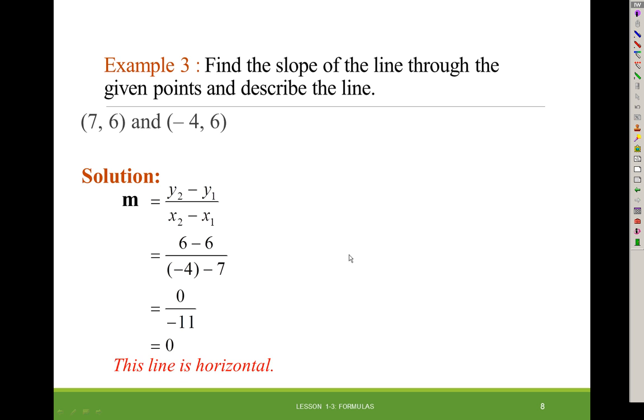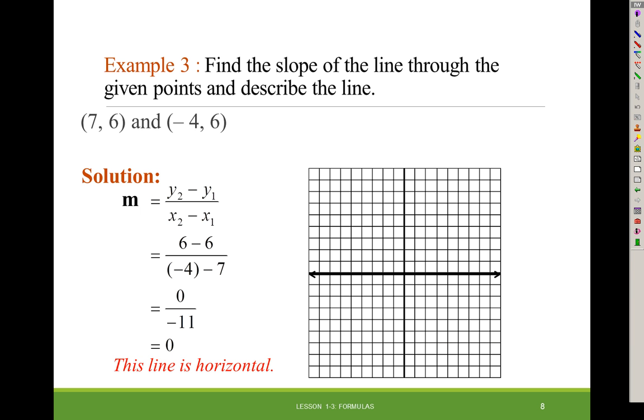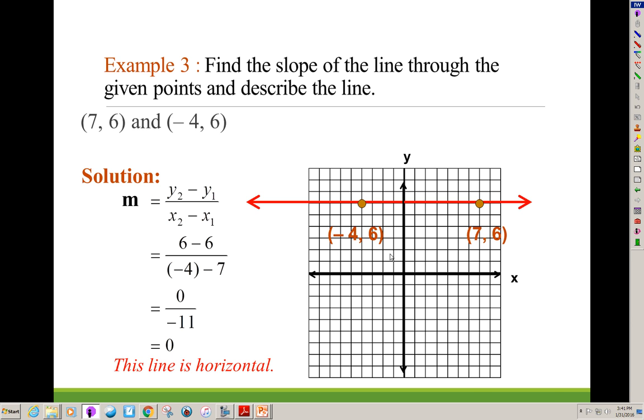This is a horizontal line. You can see right there, if you plot those points, it's a horizontal line through those points.